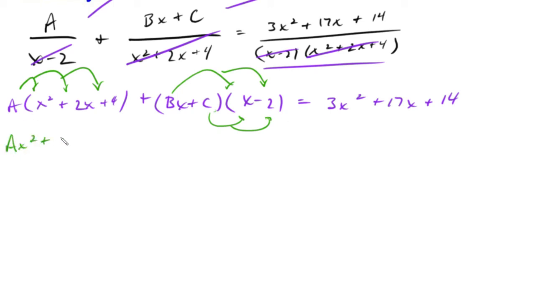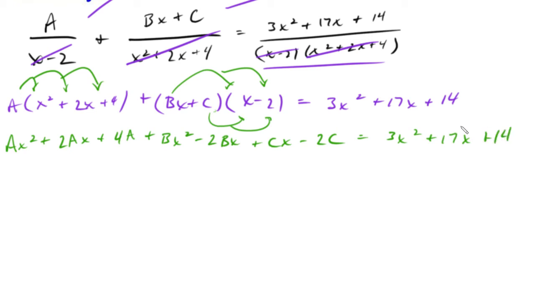Ax squared plus 2ax plus 4a plus bx squared minus 2bx plus cx minus 2c equals 3x squared plus 17x plus 14. Boom. So this piece was spread out here, and this piece was spread out here.